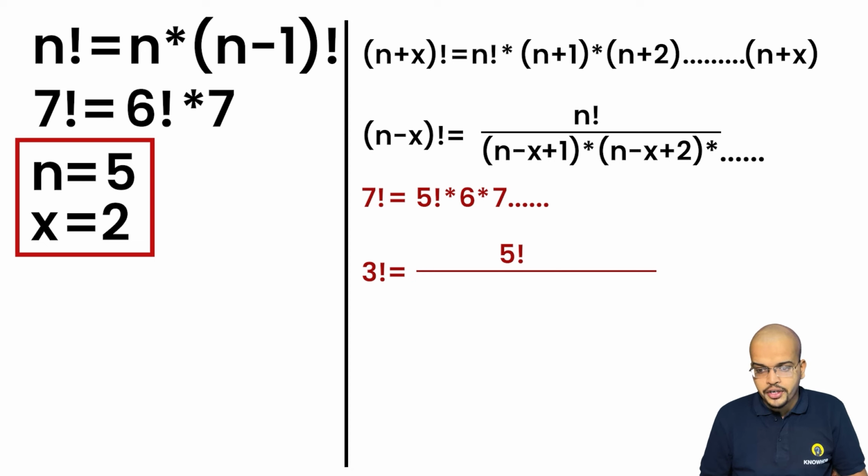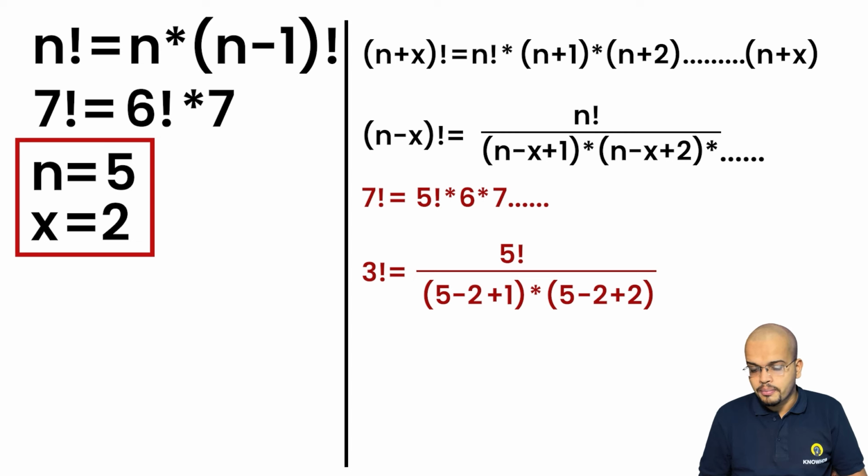So let me calculate it for you. n minus x, so 5 minus 2 plus 1 into 5 minus 2 plus 2 and so on till n. Okay. So now what will we get here? We will get 5 factorial divided by 4 into 5. Right? 5 factorial divided by 4 into 5.